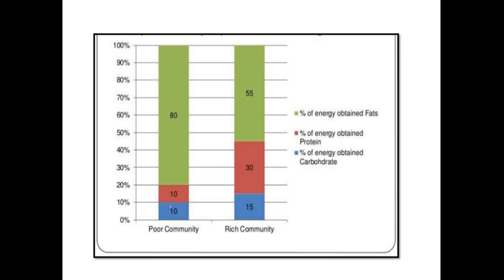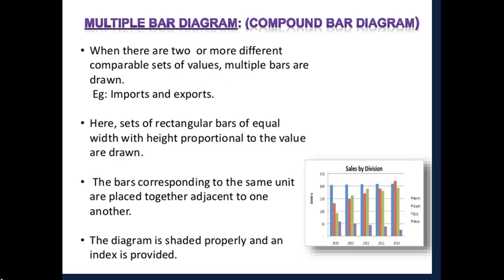Poor community only 10% fats, percentage of energy obtained from protein, that is 10%, and 80% percentage of energy obtained from carbohydrate. Okay, so there are examples given in a book. We are supposed to complete it or do it on our own as a homework. So I'll be instructing you to solve some problems.